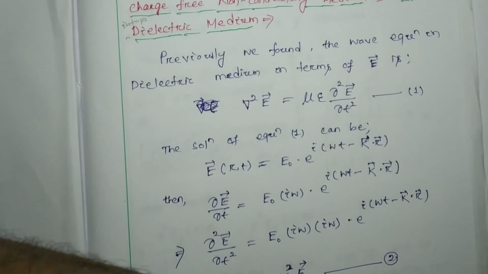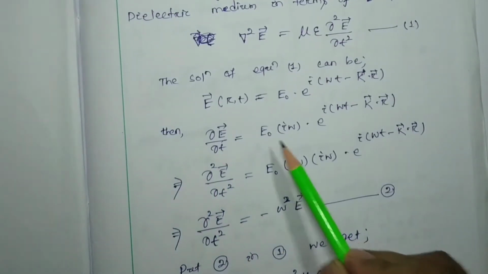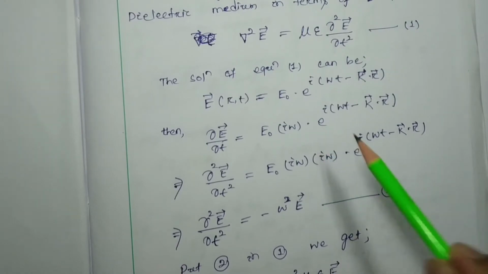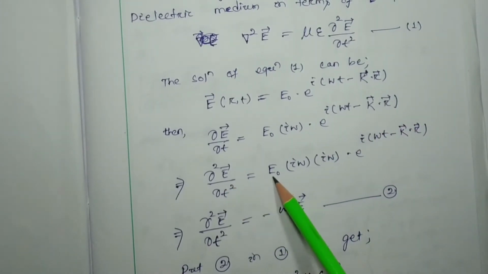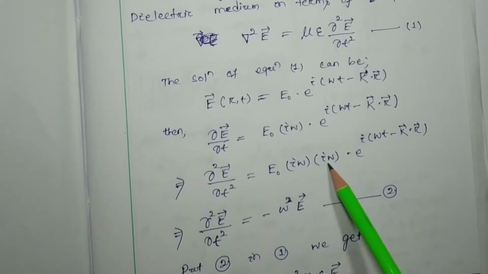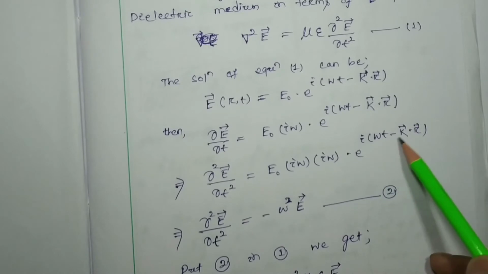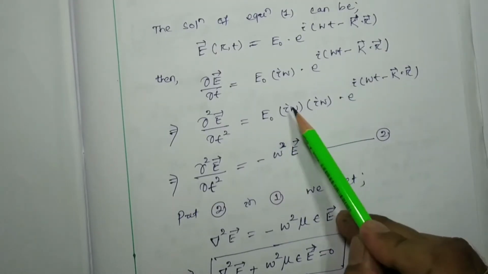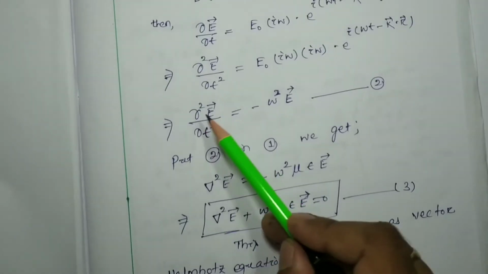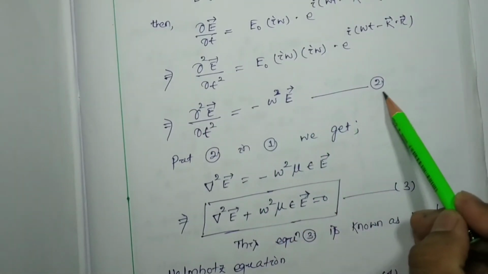Now del E by del t will be equal to E0 I omega e to the I (omega t minus k dot r). Del square E by del t square will be E0 into I omega squared, and I square is nothing but minus 1. So del square E by del t square will be equal to minus omega square E. Let this be equation number 2.